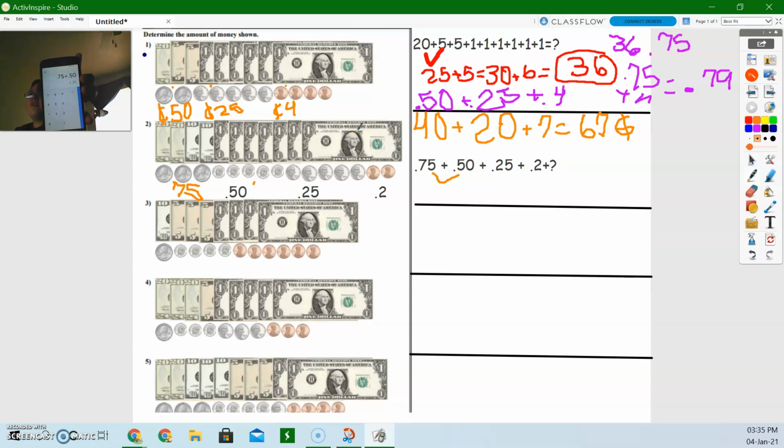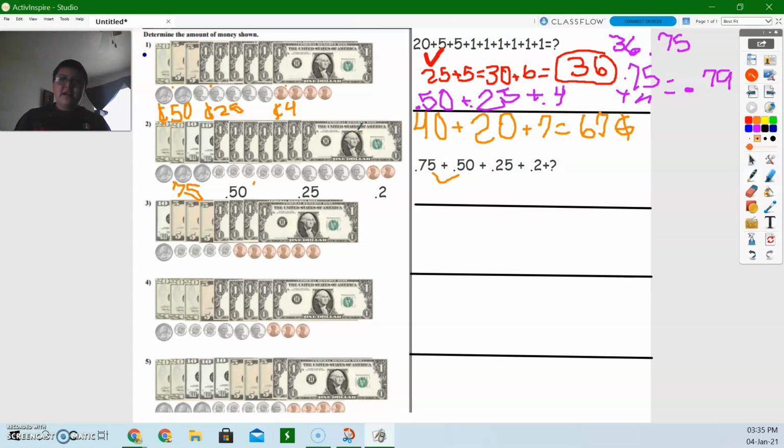And that is going to equal 125, but then you add the plus sign, and then you're going to add 0.25 cents, which is going to increase the value to 1.50. So now, we have to add the last cents, so our total is 1.70.